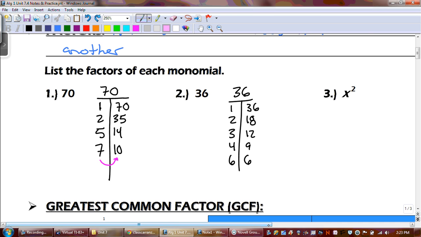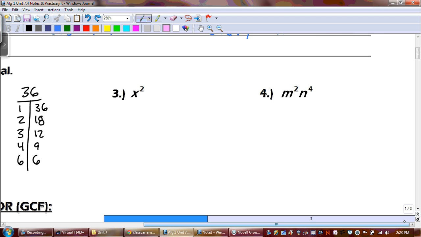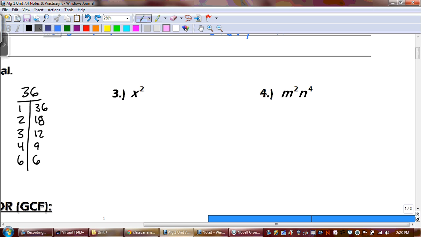Now, for questions like 3 and 4, list the factors. Well, what do you multiply to get to x squared? And this is where all you have to do is count the variables. How many variables are there? There's not one, there's two. Okay? This x squared really means x times x.